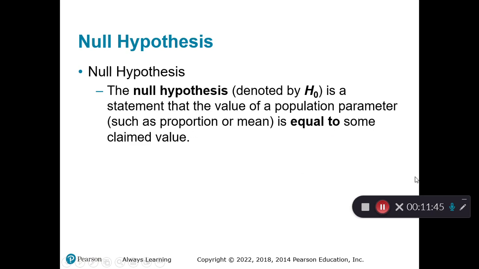The null hypothesis, while we're here, I'll mention, is kind of the counter claim. So it is what we believe to not be true. It runs contrary to the claim in a hypothesis test, but it will always be a statement of equality.